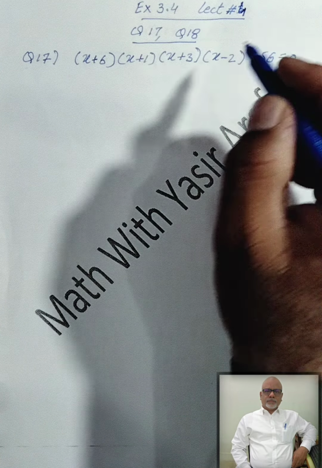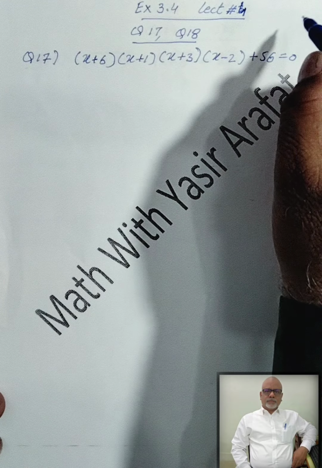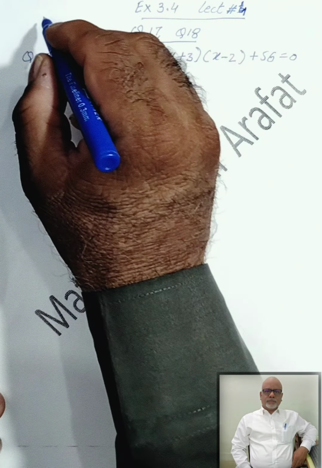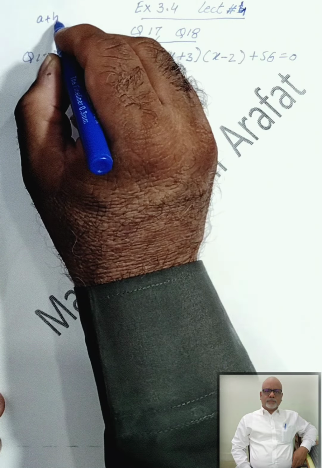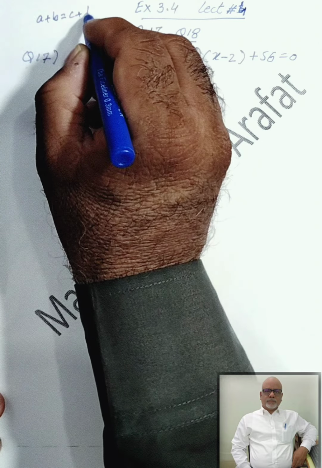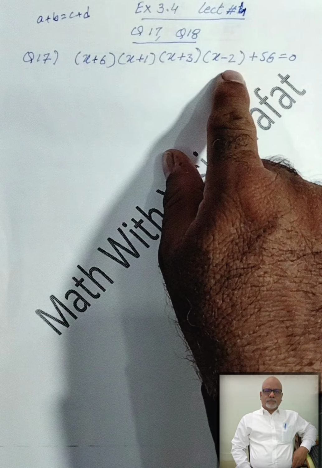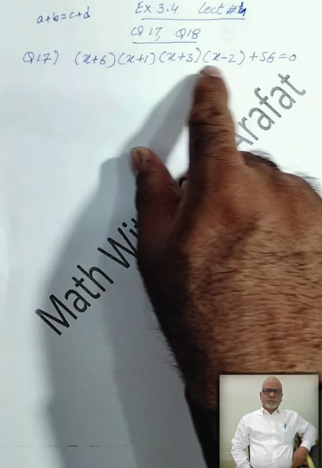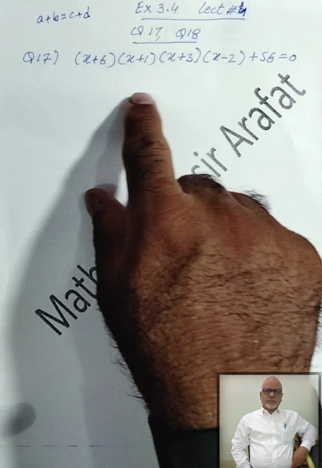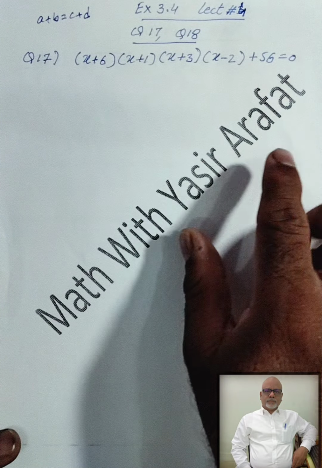The case is that these are a, b, c, d, and we have to apply a + b = c + d. So we have to add these constants. Then if their results are equal to each other, we have to rearrange those brackets.